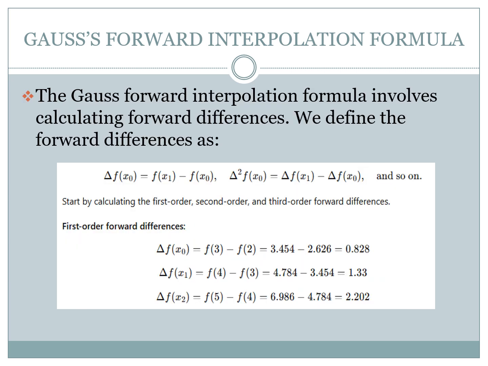The Gauss forward interpolation formula involves calculating forward differences. We define the following differences: delta f of x equal to f of x1 minus f of x0. That is the first difference. So how to find the first difference?